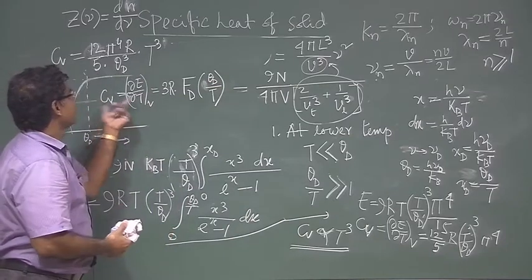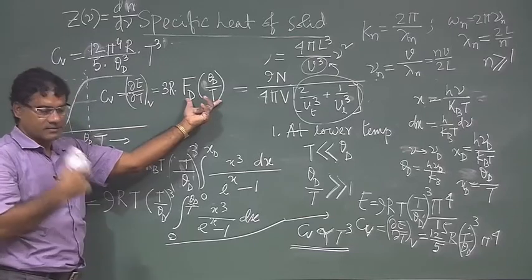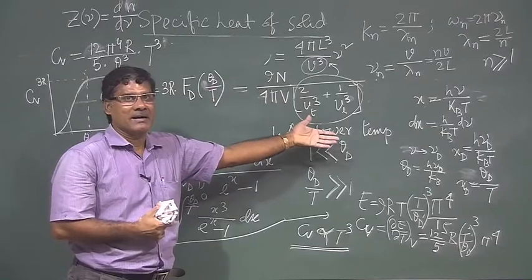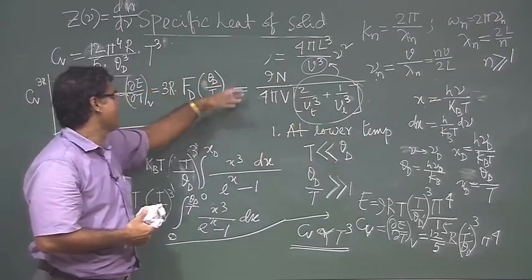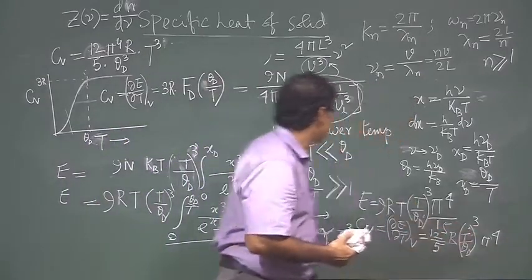So, this CV is basically 3R times the Debye function. At the higher temperature limit the Debye function becomes 1, okay, and at the lower temperature limit you can see it will be in this form.